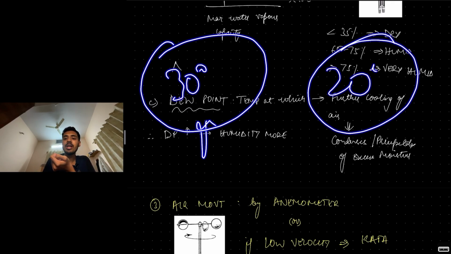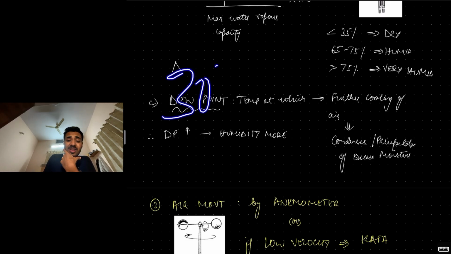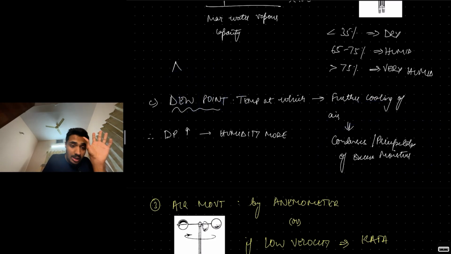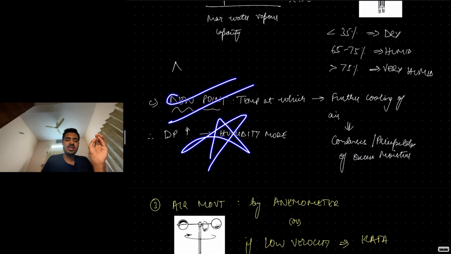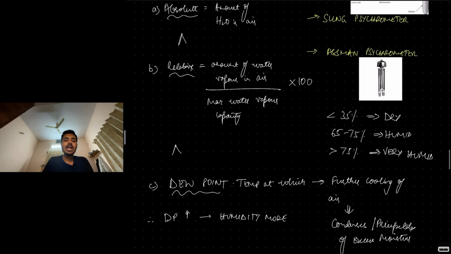The 30-degree dew point is more humid because at 30 degrees itself, if I cool the air further, moisture is condensing. So that much moisture is present in the air. So dew point is the best indicator of humidity. So absolute humidity, relative humidity, and dew point. This is for air humidity.